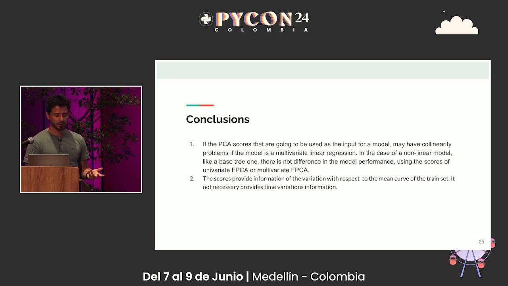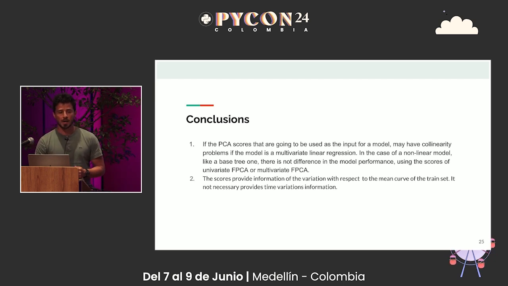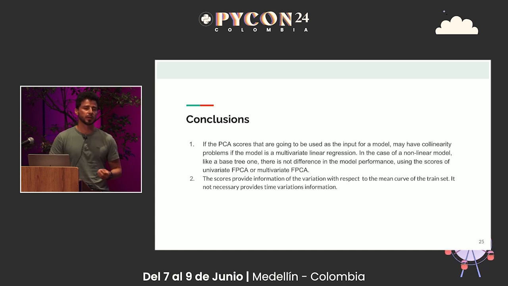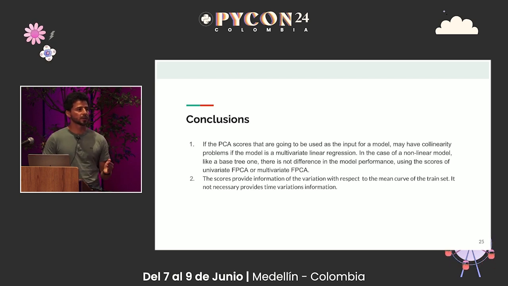As the conclusions of this work that I will share with you: when I was working with this model or this transformation, we were using a random forest for the prediction of the model, but I found that it doesn't make any difference to use the univariate principal component analysis versus the multivariate principal component analysis.